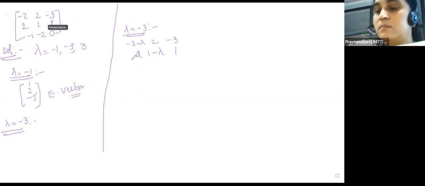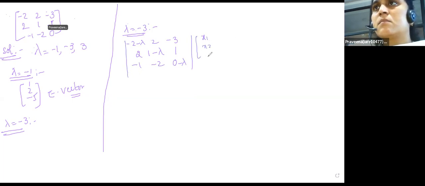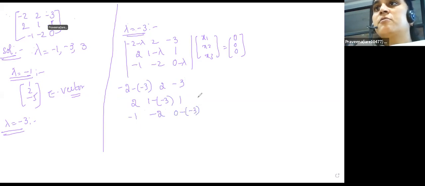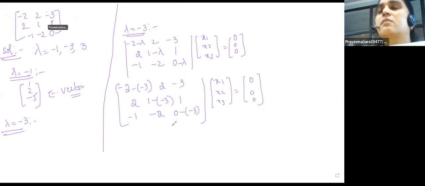Yeah. For that, 2, 1, -(-3), 1, -1, -2, 0 -(-3). Anyone got it, ma? Anyone got it? For the second eigenvector.